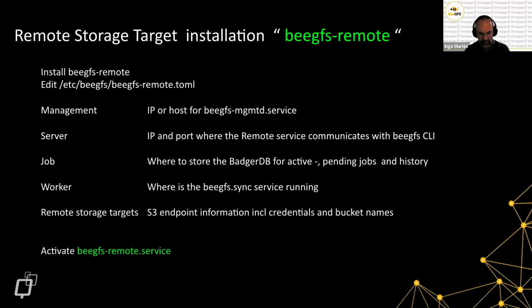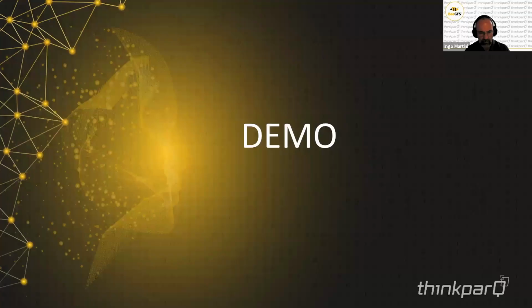And then you start this service. Best case is you start this service after the sync service, and then the system comes up and we are ready to go. Usually this is already everything you need to know about the BeeGFS remote sync and remote storage targets.